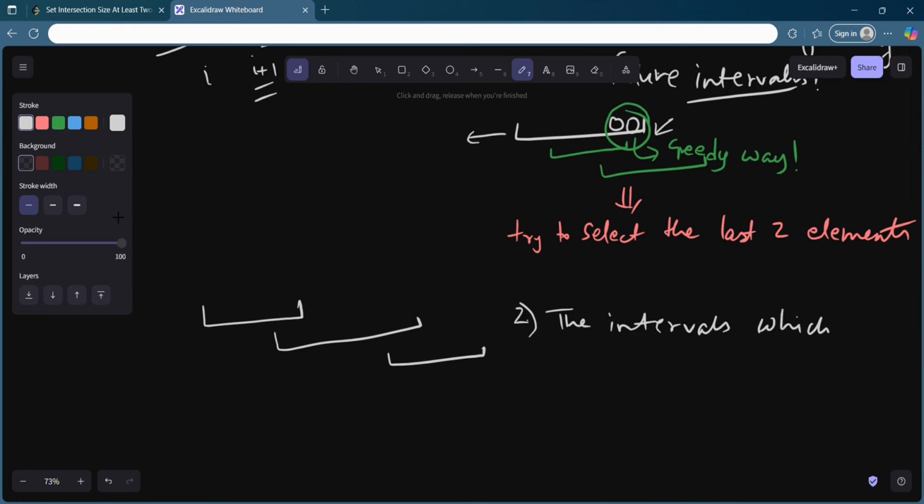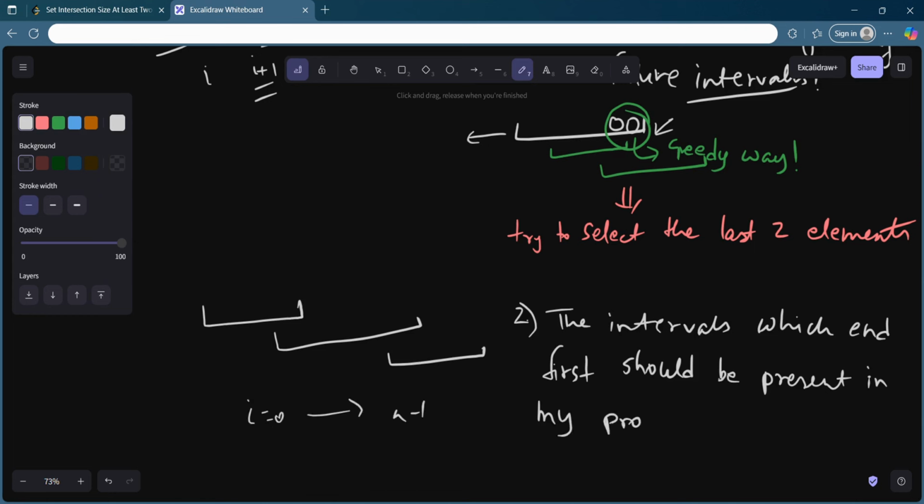So basically your second observation will be that the intervals which end first should be present earlier in my processing, let's say from i to n minus 1, as I am processing the elements.